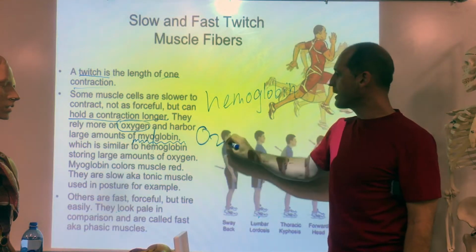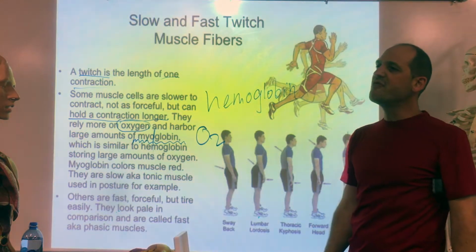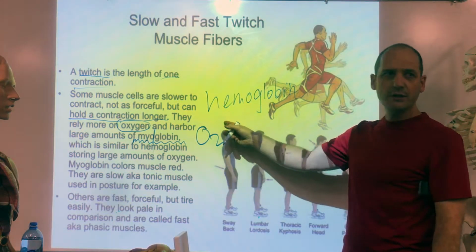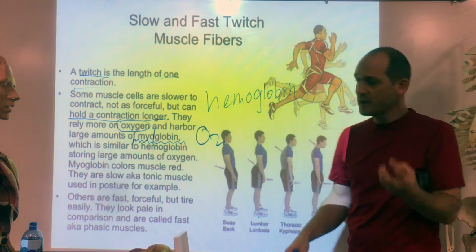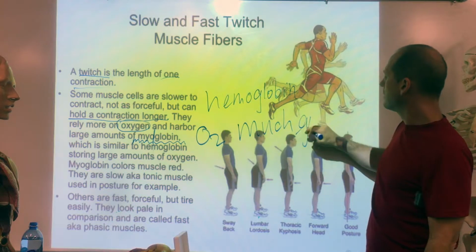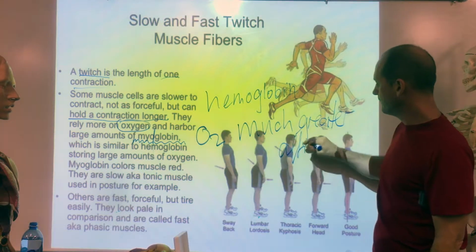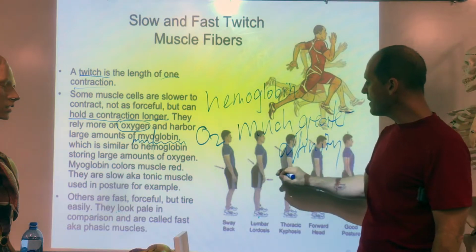Myoglobin also carries oxygen, but what's cool about it is it has an affinity to oxygen, an attraction to oxygen that's much greater than hemoglobin has. Much greater affinity than hemoglobin.